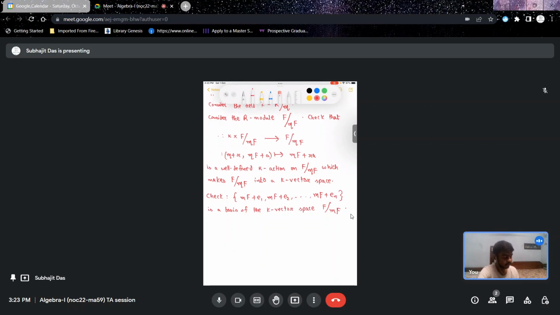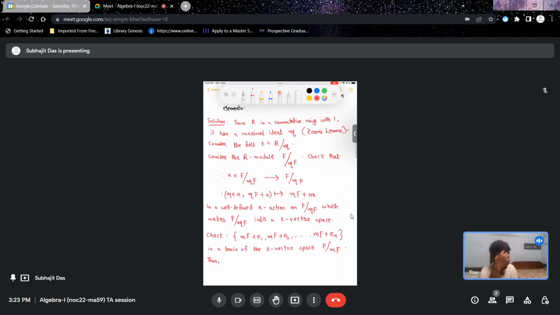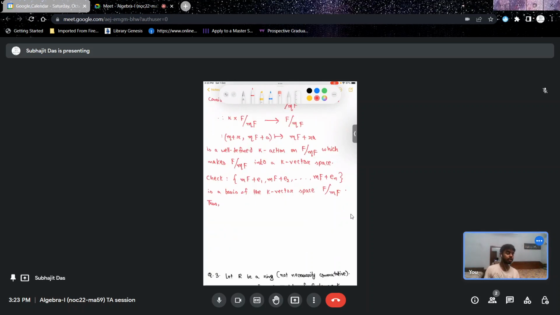Okay, so which means, thus, now we are almost done. The argument is over. So what we did was, we took an arbitrary basis, and out of that we obtained a basis for our vector space F mod MF consisting of the same number of elements, right?